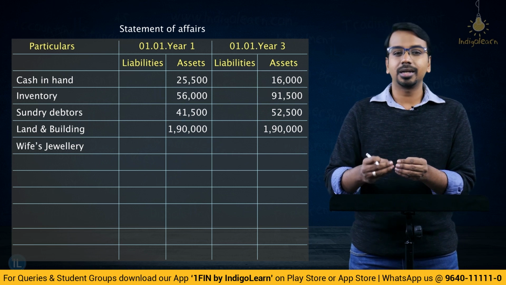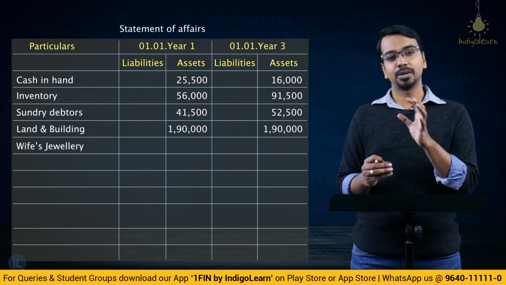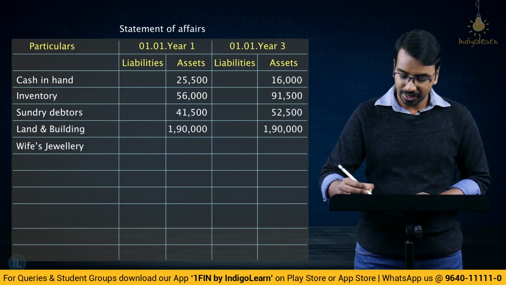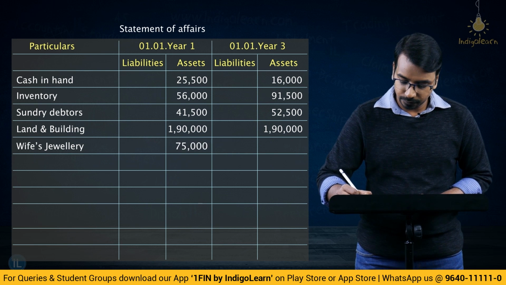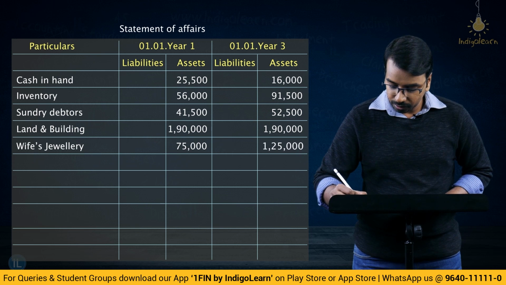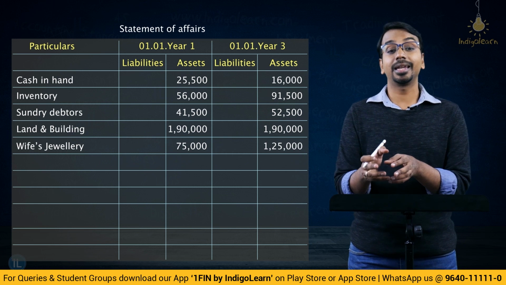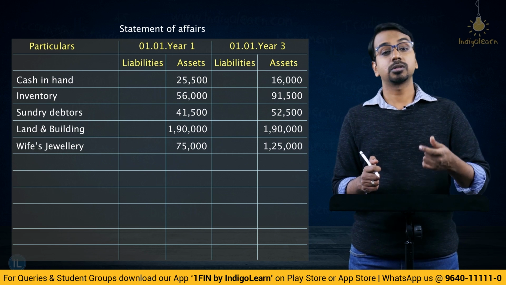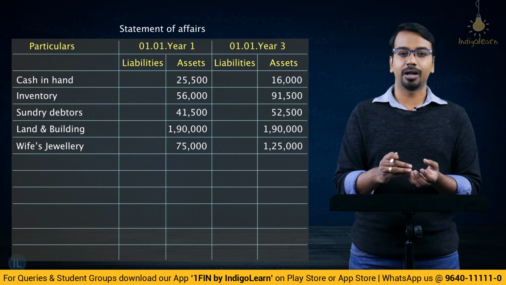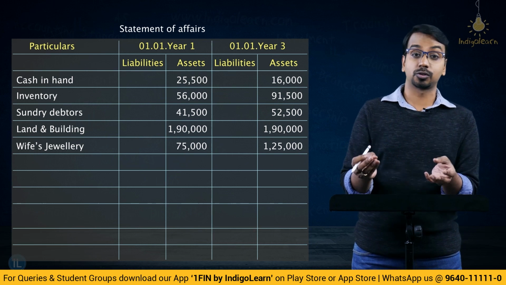So, we will consider it as a part of the statement of affairs for the simple reason being, the jewelry was 75,000 as on 1st of January of year 1. It went up to 1,25,000. Now, this increase would it have been possible without earning any income? That is not possible, right? So, he would have earned some income either from business or from other sources.